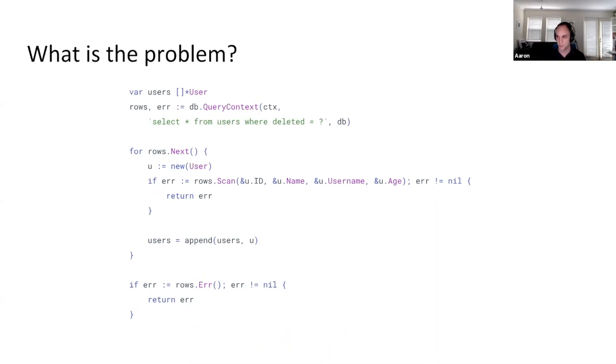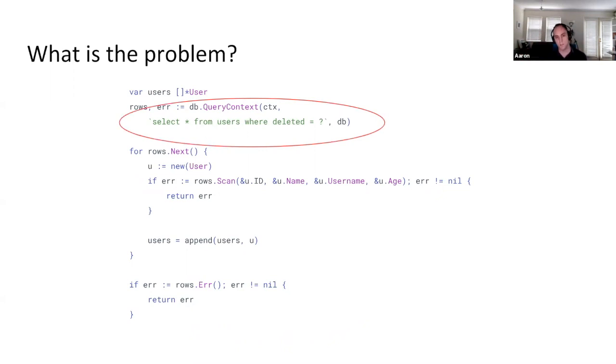Everything's great in this code, right? Select star is terrible. Sure. Okay, that's a problem. But really, the fact that this string is in here is a problem in my eyes. And we'll get into why. Just remember this, the select string was a problem.